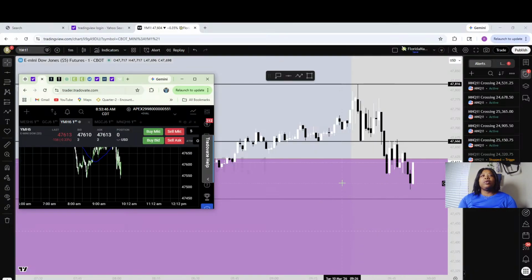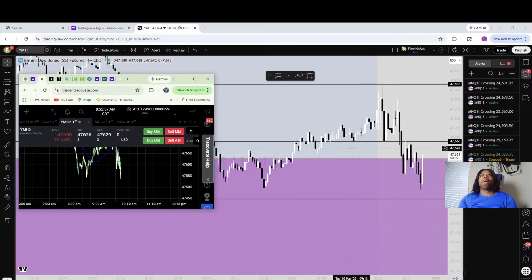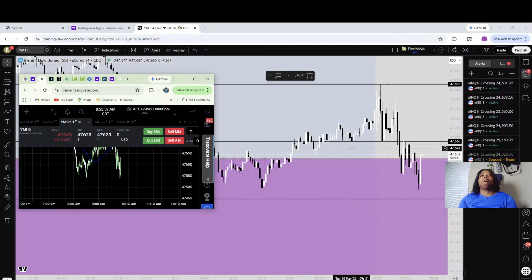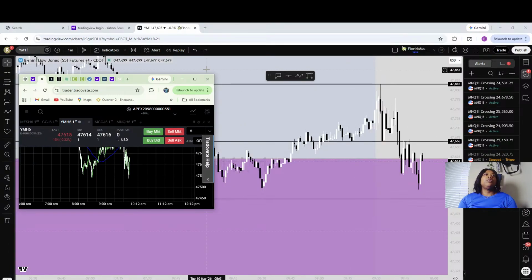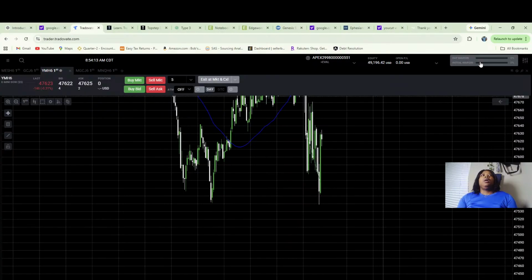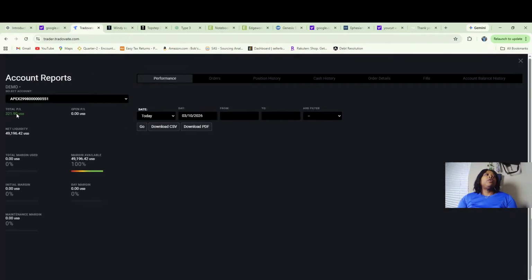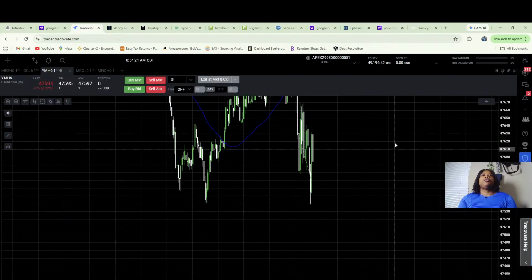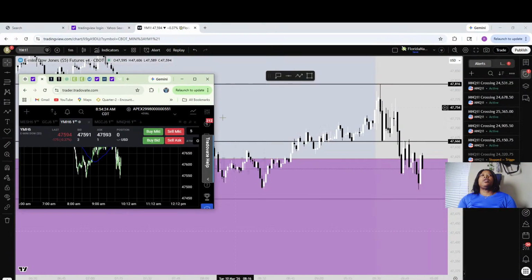I thought it was at least going to do that. How much did we make? Let me see how much we made. We made $321 on that trade. I don't think the trade is over though.